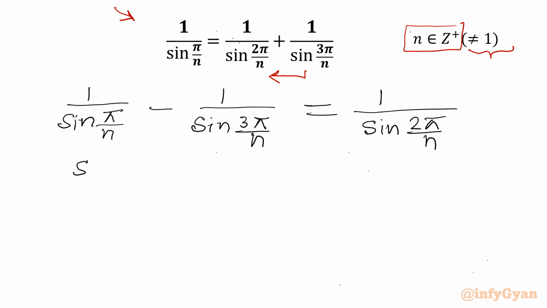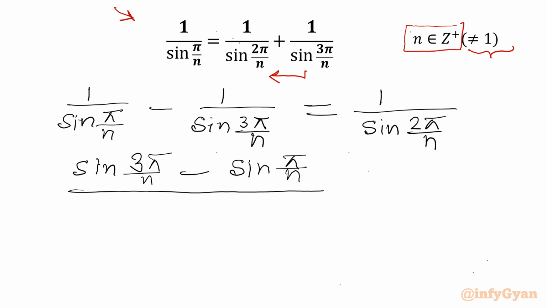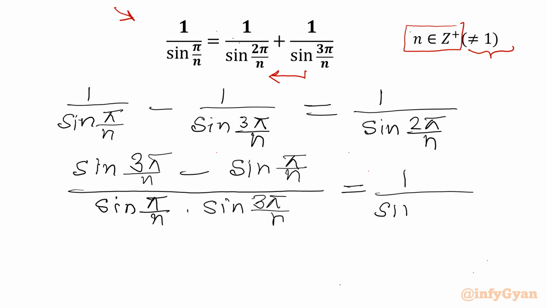So I can write sine 3 pi over n minus sine pi over n, divided by sine pi over n times sine 3 pi over n, and RHS will be 1 over sine 2 pi over n.